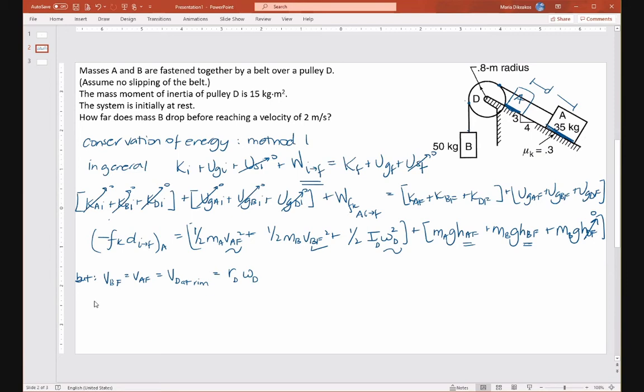These are set to 0. Why? Why did we set UGA initial, UGB initial, and UGD initial to 0? I don't know. So why did we set KA initial, KB initial and KD initial to 0?